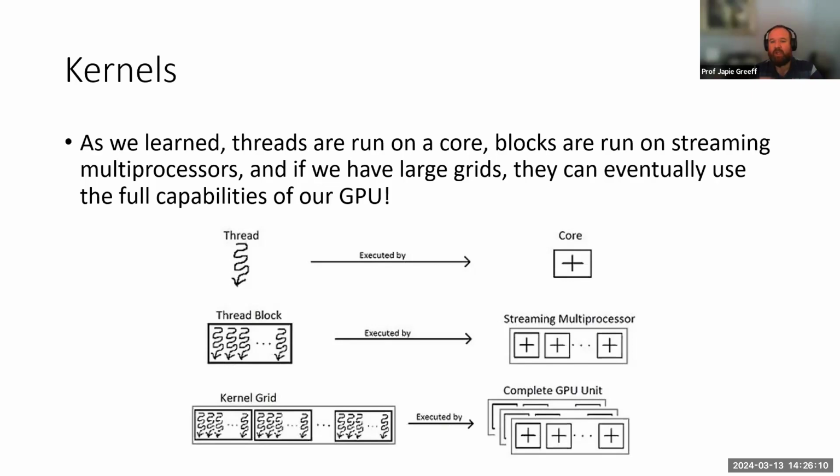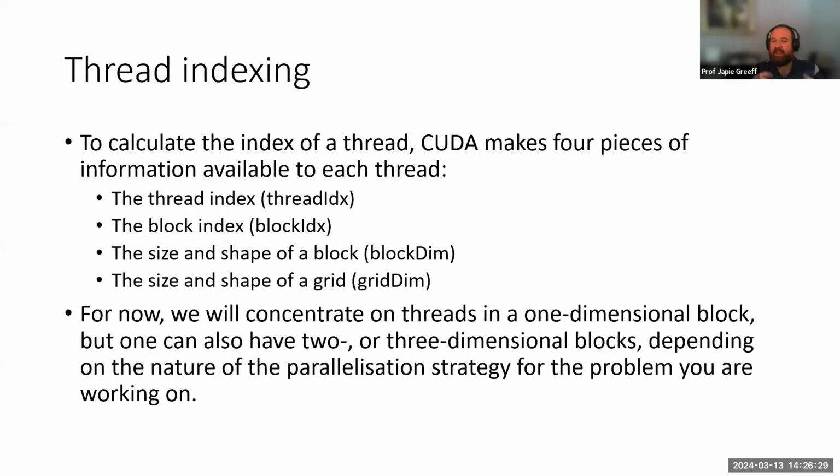So we can run a huge number of threads, depending on how we set up the layout of our kernel grid and our blocks. In order to know which thread I am as I'm running in parallel, there are a number of variables that are passed into each of those kernel functions when they are run, which allow each thread to identify themselves.